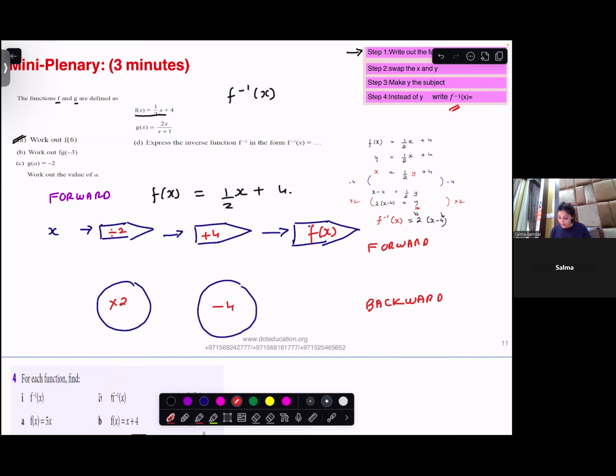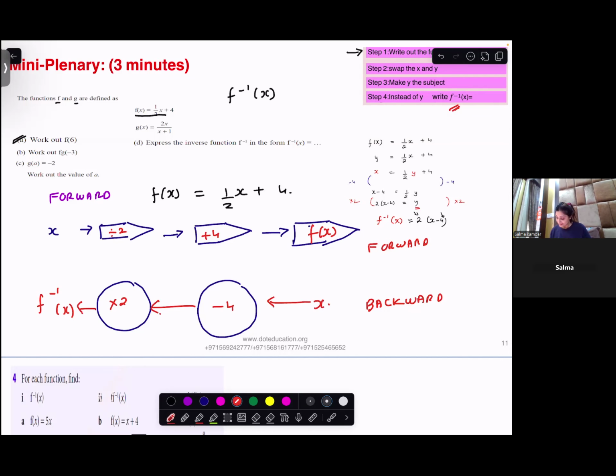So x goes to f inverse of x, the backward way. If I'm doing the backward way, I will minus 4, I will multiply by 2, I get my f inverse x.